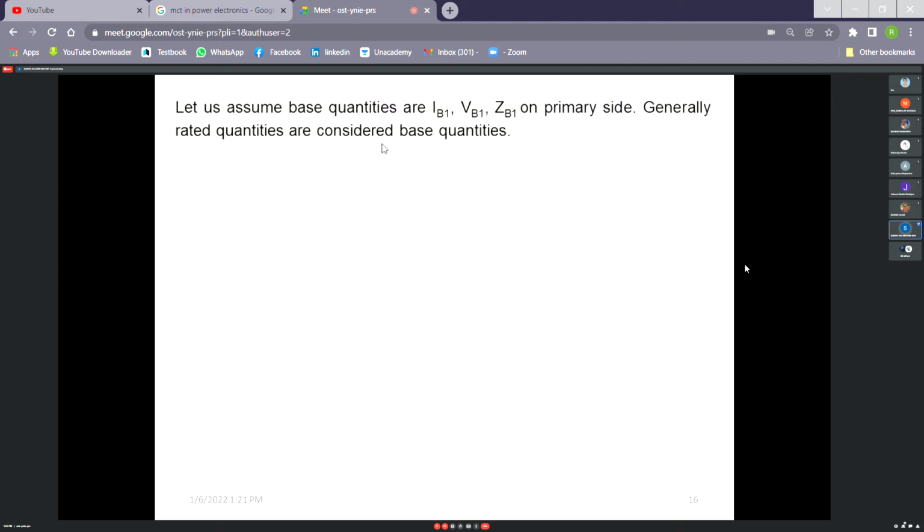Now assume that base quantities are IB1, VB1 and ZB1 in primary side. Generally, rated quantities are assumed as base quantities. So for an 11 by 33 kV, 50 MVA transformer, primary side base voltage is 11 kV, the base MVA is 50 MVA, secondary side base voltage is 33 kV, obviously line to line, and the base MVA is 50 MVA.